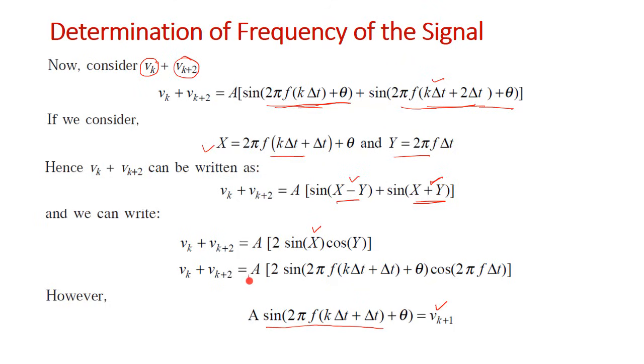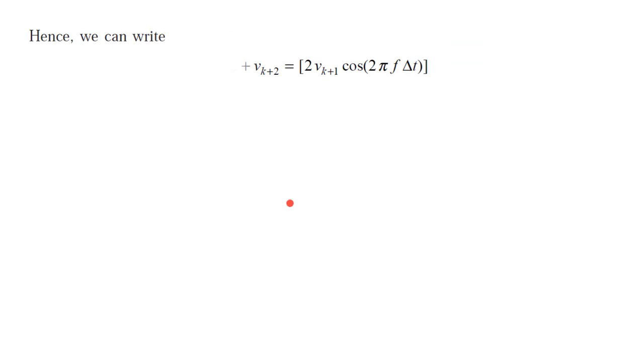Now substituting V(k+1) in this equation, we'll have only this remaining term. So V(k+2) equals twice V(k+1) into cos of 2 pi f delta t.